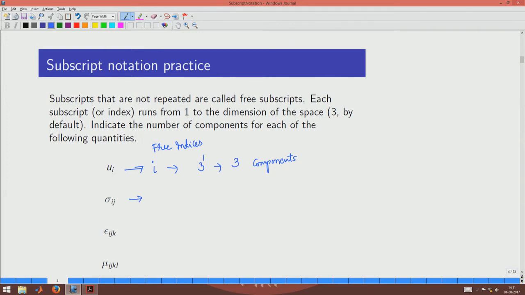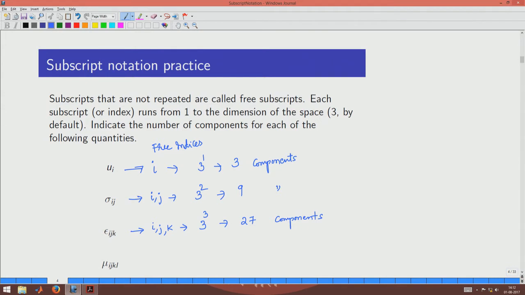Here we have sigma subscript ij, and there are 2 subscripts, which means that we must have 9 components. And the savings come even more when we go to higher dimensional quantities. Here we have epsilon ijk, and the free subscripts are all the 3, i, j, k. So, we are supposed to have 27 components, and imagine having to write 27 components with epsilon 111, epsilon 112, etc. That is going to be very tedious.